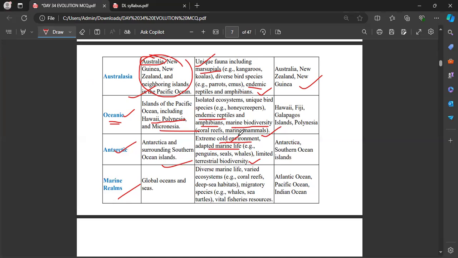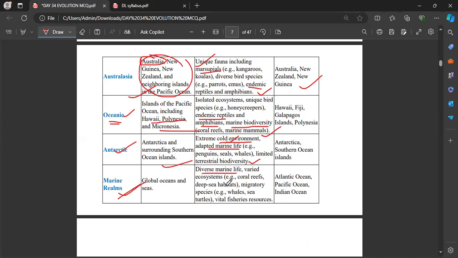When we compare the tropical and the polar region, where we can find the large biodiversity, obviously you should choose the tropical area. So this can also be asked in the question.